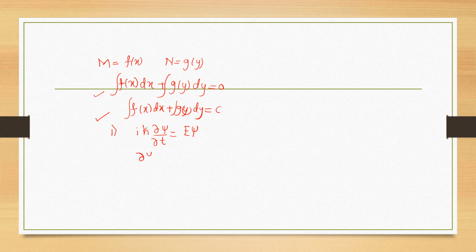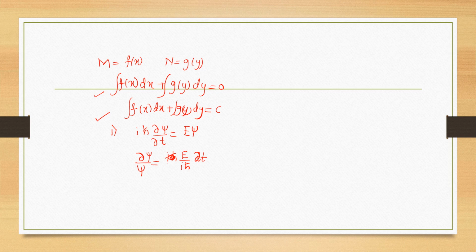It will be del psi by psi, which will be equal to E by i h cross dt, or del t.